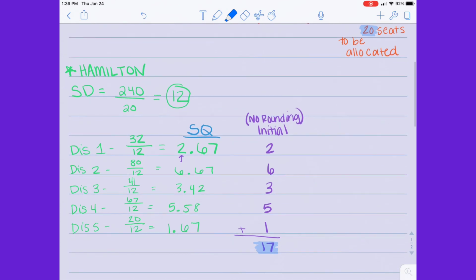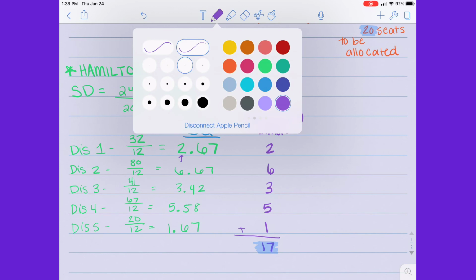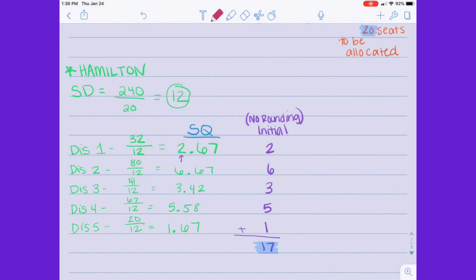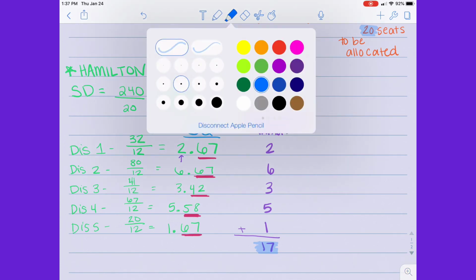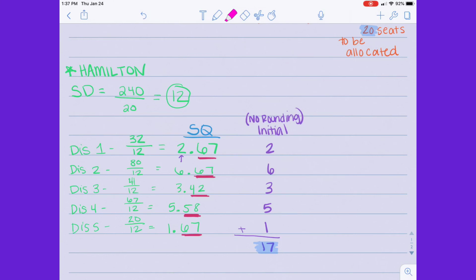The way I'm going to determine that, I'm going to do this in my little maroon color here, is begin looking at the fractional portions. I'm underlining all the values after the decimal because those are fractional values. I'm going to look for who has the largest numbers. I need 3, so the top 3 largest values.